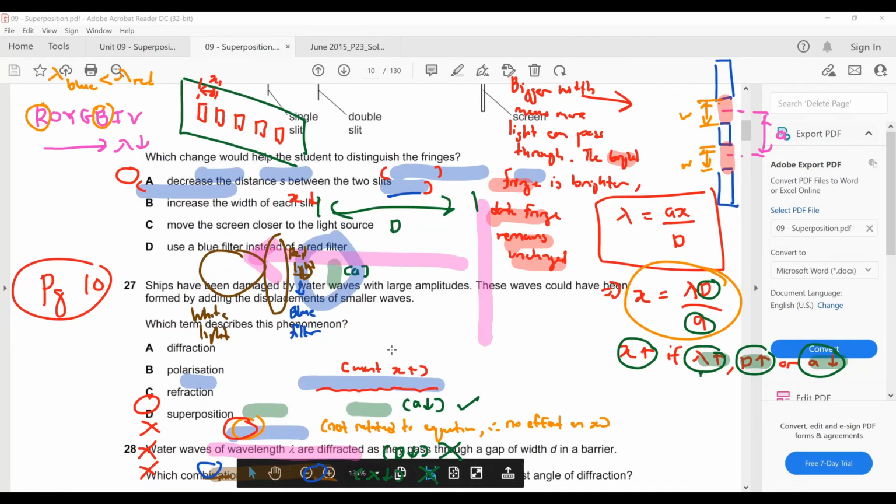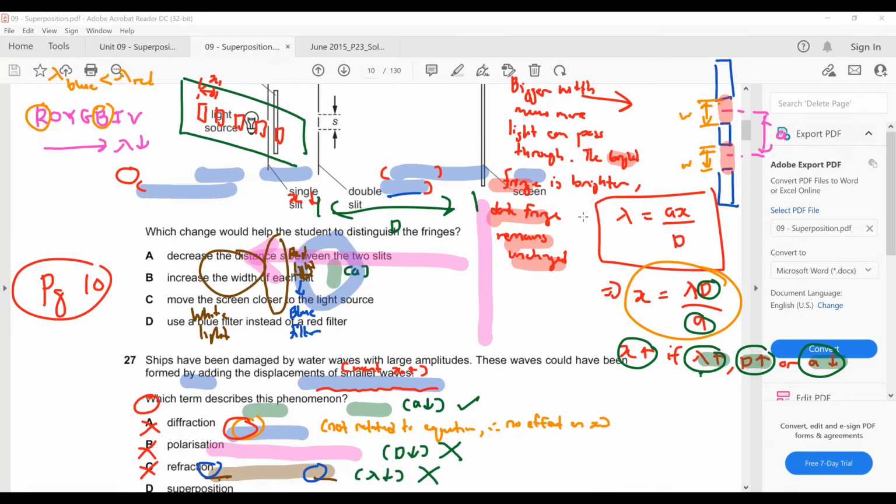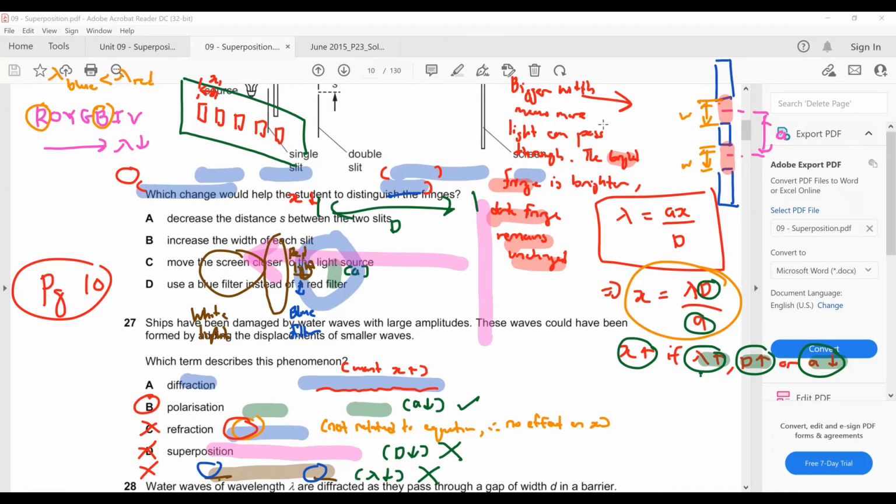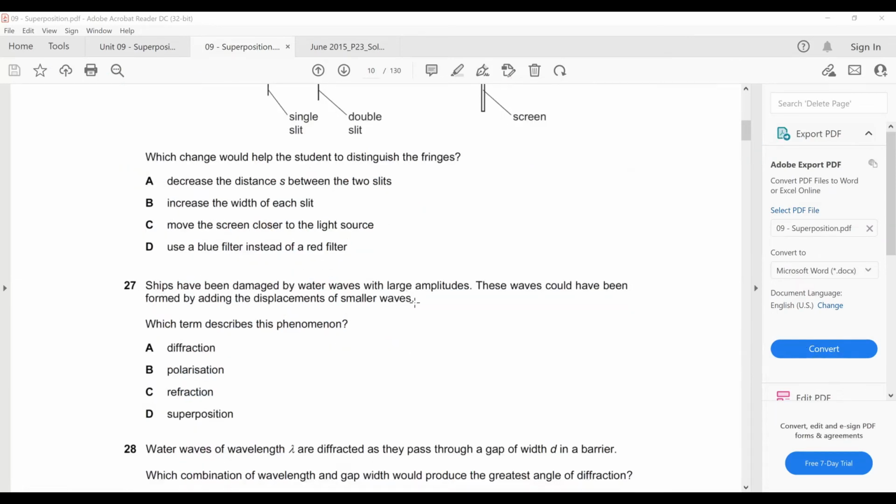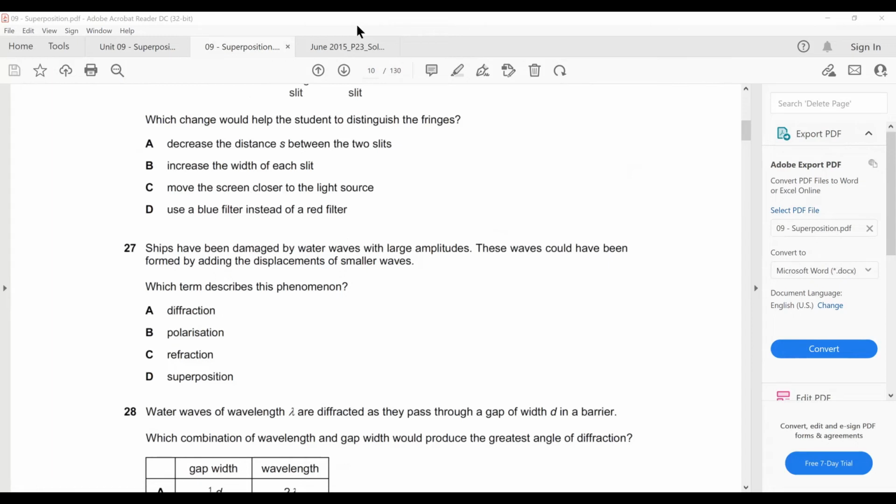Now, after that, on the same page, the next question. I'll just clear off whatever I wrote here. You can refer to the recording later. Now, ships have been damaged by water waves with large amplitudes. These waves could have been formed by adding the displacements of smaller waves. You see, this is the keyword here. They are formed by adding the displacements of smaller waves.